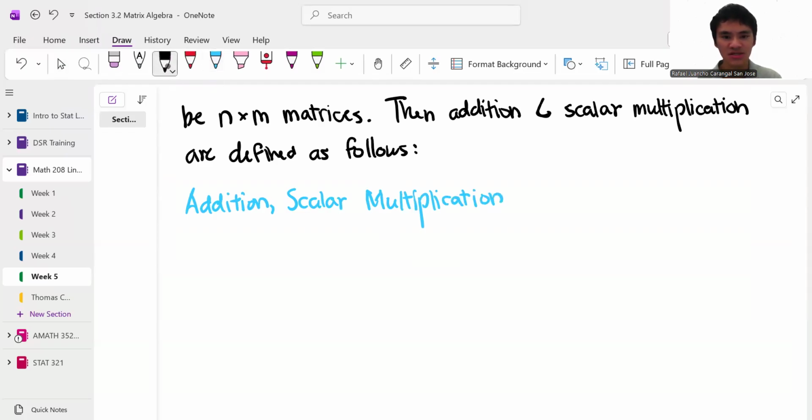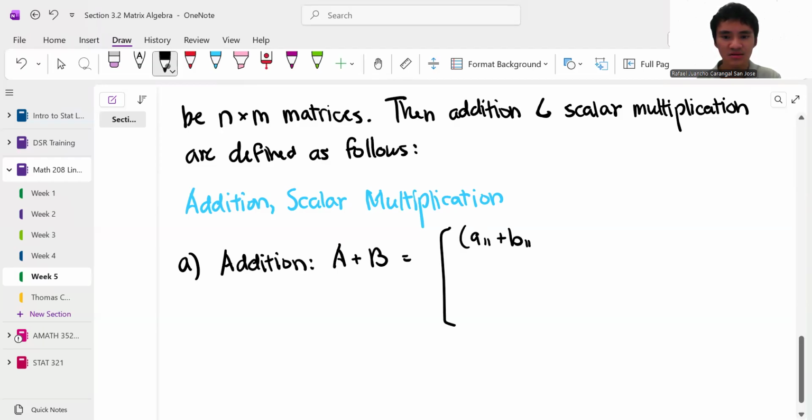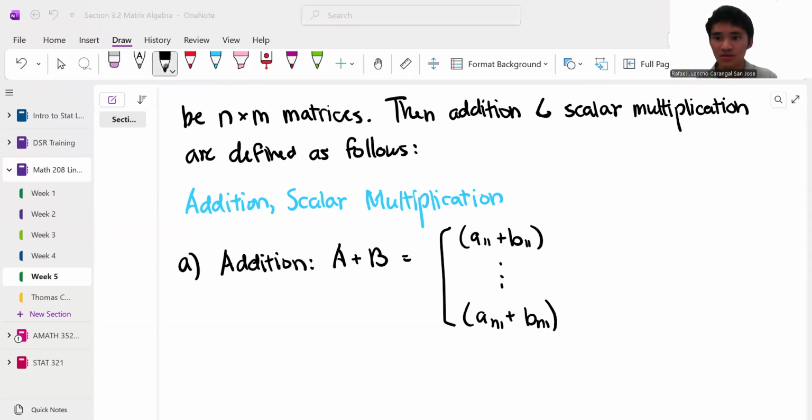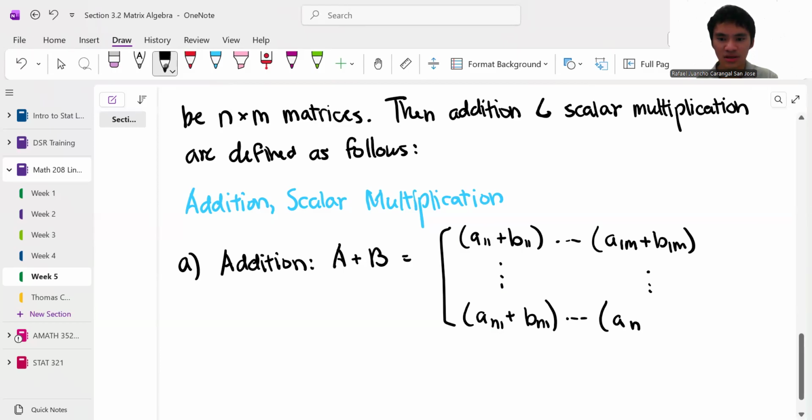For addition, we add the two matrices together, A plus B. In theory, we add their corresponding elements, n by 1 plus B n by 1, and we keep going, through 1m and so on to n by m.